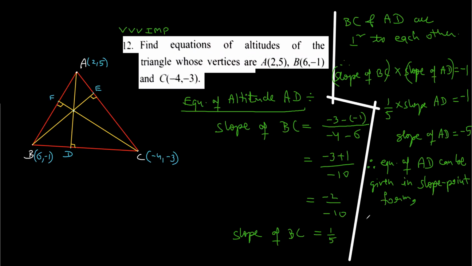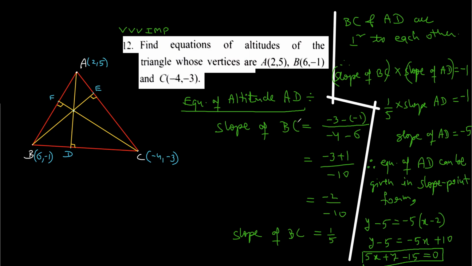You know what is that? y minus y1, y minus 5 equals m, which is -5, into x minus x1, x minus 2. So I got y minus 5 equals -5x plus 10. Taking -5x across, 5x plus y minus 15 is equal to 0. This is the equation of line AD, altitude AD.